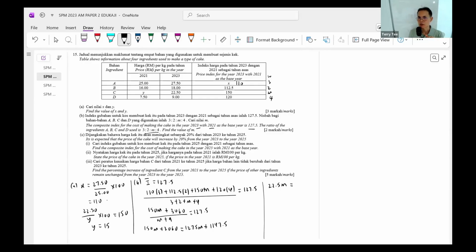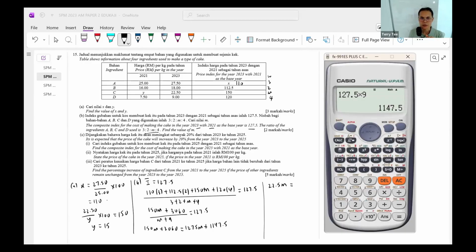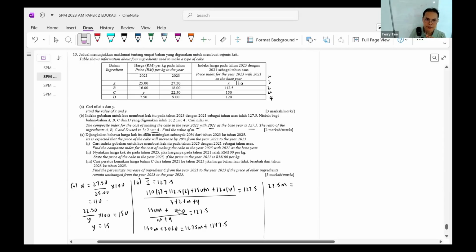Wait, I typed wrongly. 127.5 times 9 is correct, right? The 3060 is wrong. So it's 110 times 3, 112.5 times 2, plus 120 times 4. This is not right. 1035. Okay, 1035.